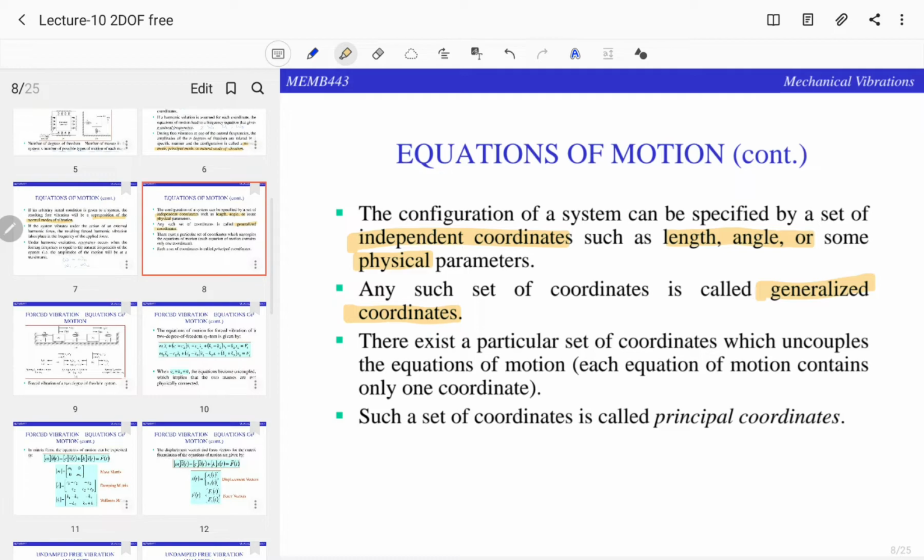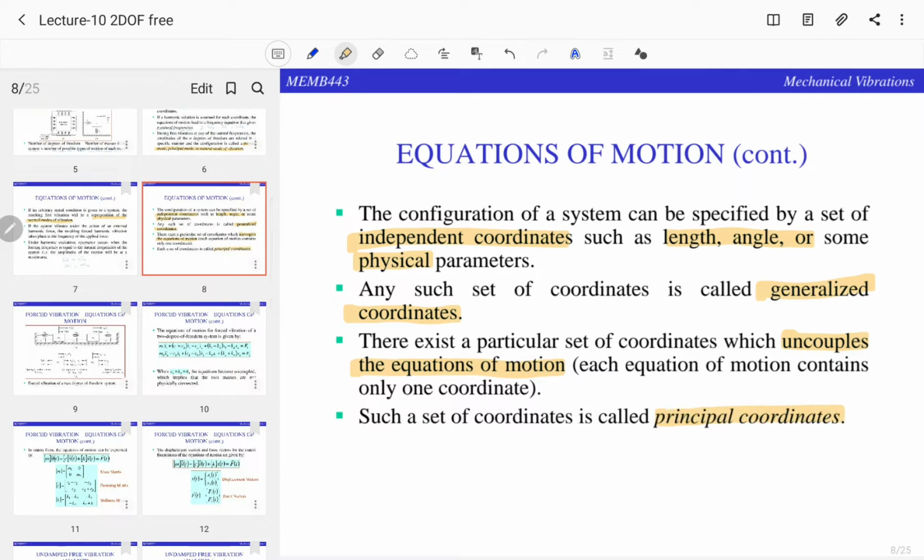There exists a particular set of coordinates which uncouple the equations of motion, where each equation of motion contains only one coordinate. Such a set of coordinates is called principal coordinates.